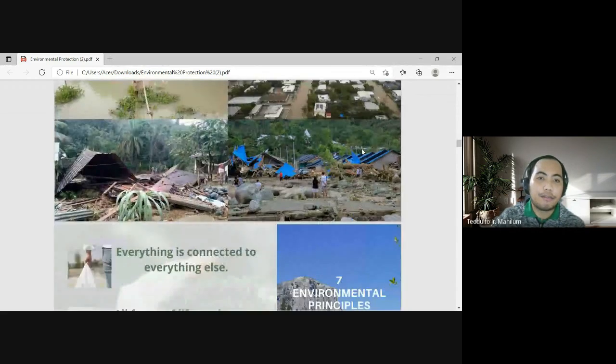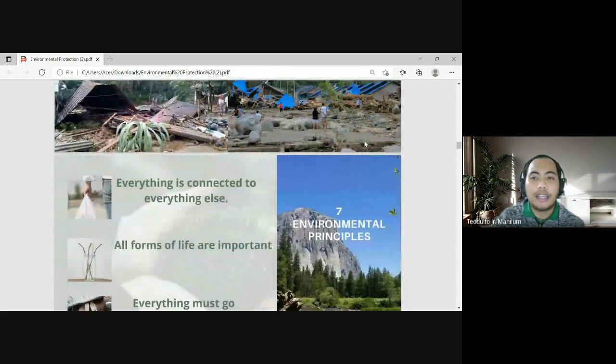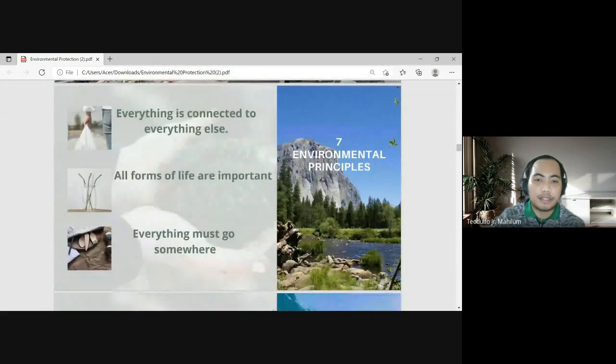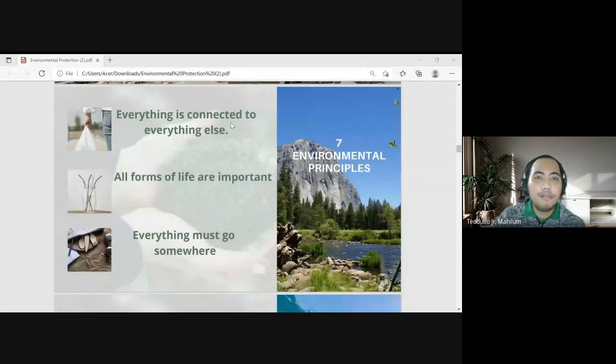in protecting the environment. Now let's go with the environmental principles. Environmental principle number one is everything is connected to everything else. Meaning, ang lahat ng bagay sa mundo ay magkakaugnay. Kanina we have discussed that everything, non-living and living things, are interconnected to each other.